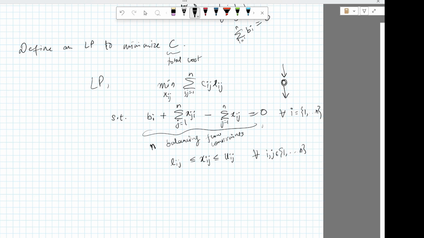Okay, so this summarizes everything, right? We have the balancing flow constraints and the upper and lower bounds on the flow, and this is the LP you need to solve to minimize the total cost, satisfying the flow.